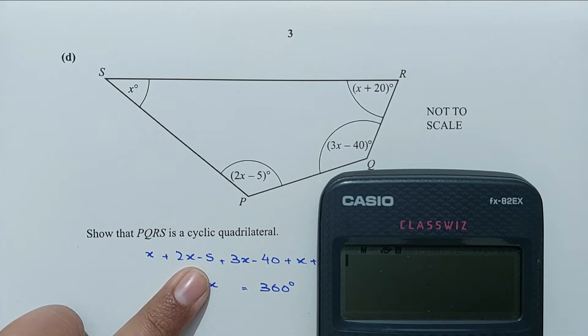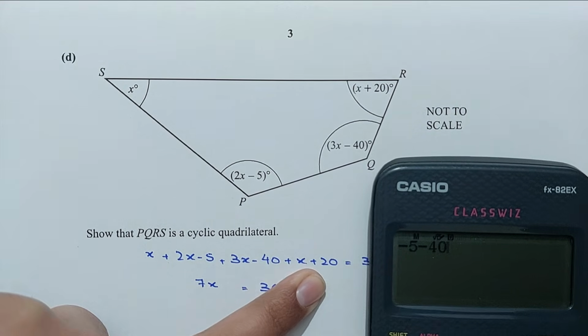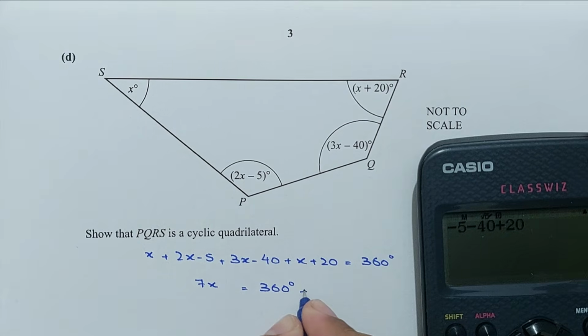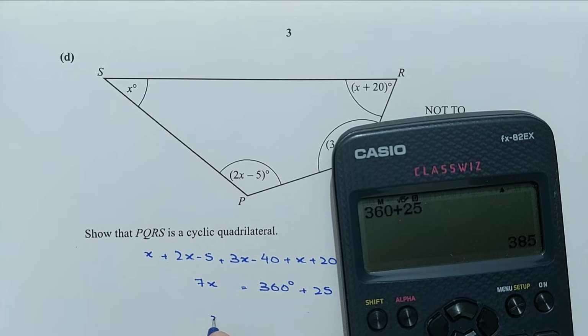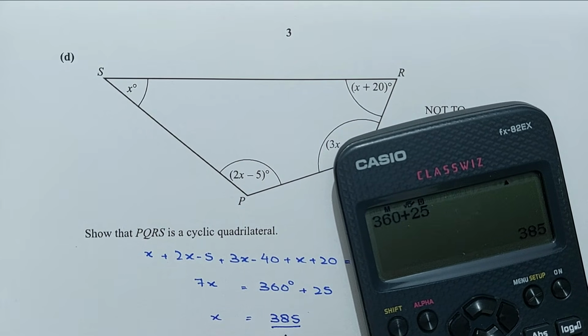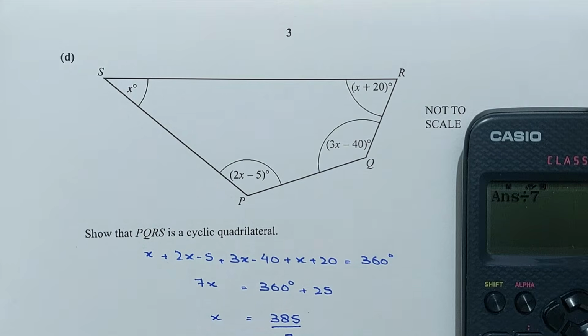Okay, we have -5, -40, and +20, which is -25. So when we move to the other side, this would be +25. So 360 plus 25 is 385, x is 385 divided by 7, which is 55.